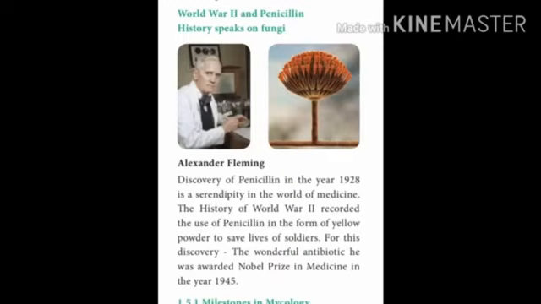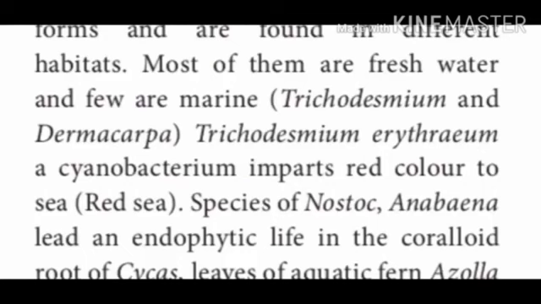For this, Dr. Alexander Fleming was awarded the Nobel Prize in the year 1945. So the world wonder drug is called penicillin. Penicillin is obtained from fungi, and it became a famous World War drug, discovered by the scientist Alexander Fleming.